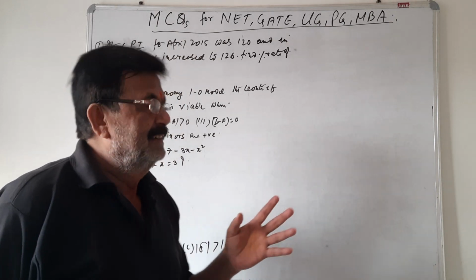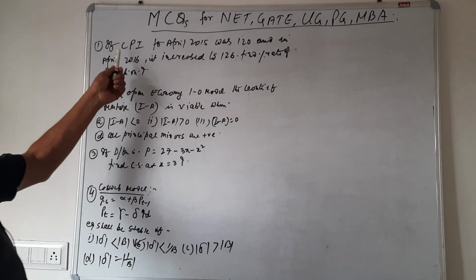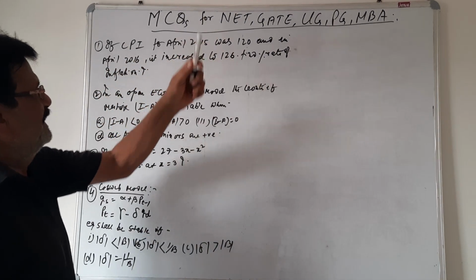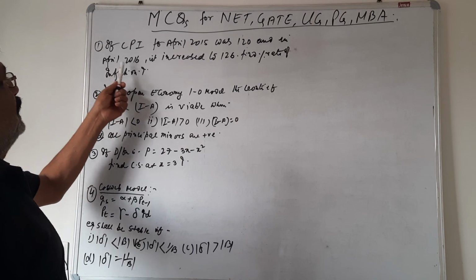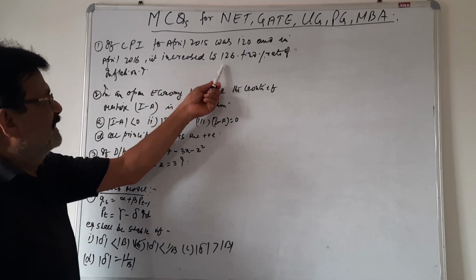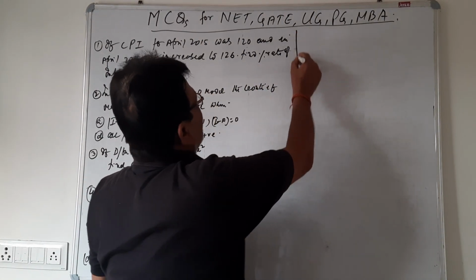Let us start. The first is: if the consumer price index for April 2015 was 120 and in April 2016 it increased to 126, find the percentage rate of inflation.